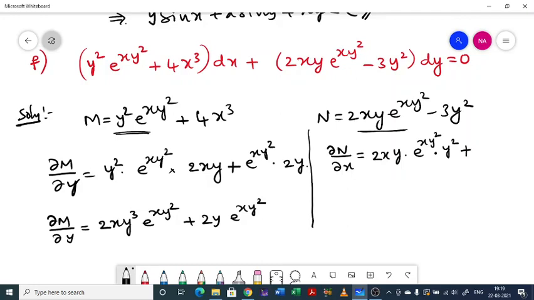Plus 2y, since the derivative of x is 1, so 2y e power xy squared. So again I got ∂N/∂x equal to 2xy cubed e power xy squared plus 2y e power xy squared.